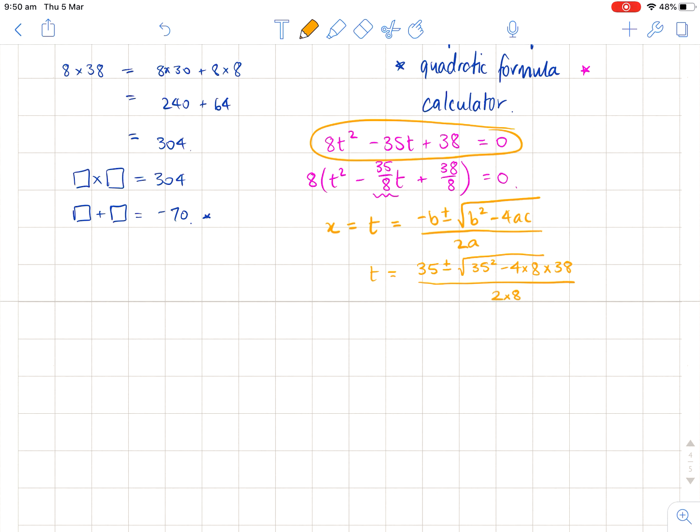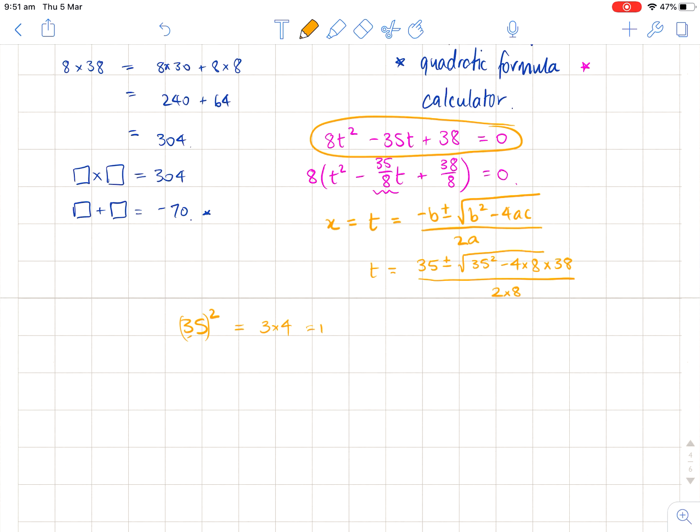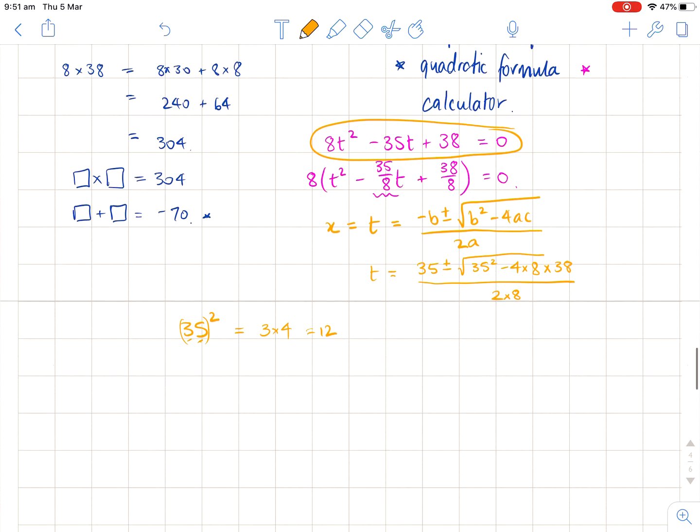Now they're big numbers, but if you were going to work without a calculator, you're expected to be able to do this. And there's a trick for any number that ends in a 5 squared. I just multiply the first number, in this case 3, by the next consecutive number, which equals 12. Then anything that's got a 5 squared is 25. Put those two bits together, and a super cool shortcut is 35 squared is 1225.